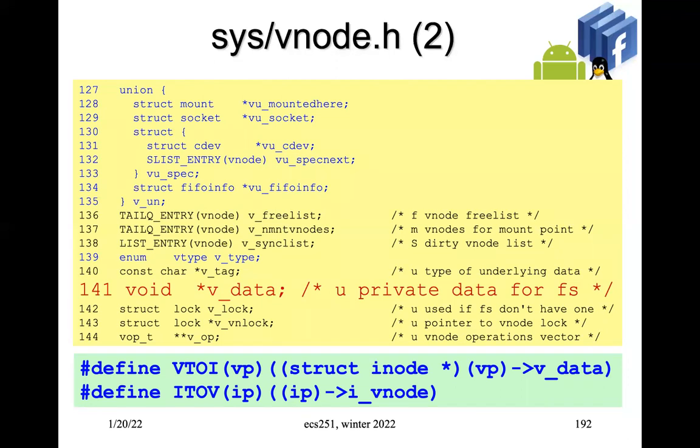The reason I emphasize v_data, line 141, is that it could be pointing to something else depending on the kind of file system, because your underlying one might not be an inode. For example, a FAT file system or NTFS might not have exactly the same data structure. But the vnode provides a virtualization layer to cover everything.